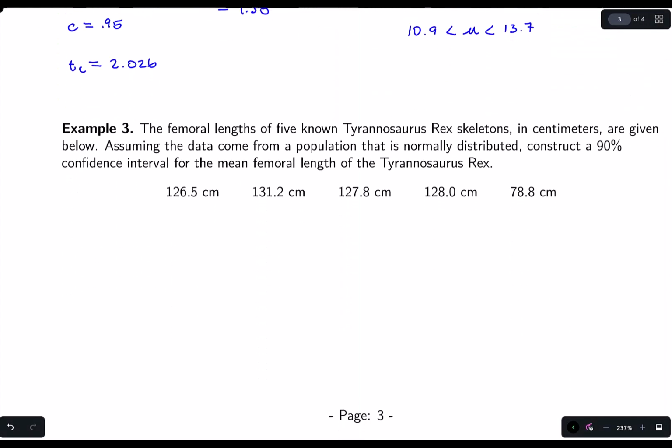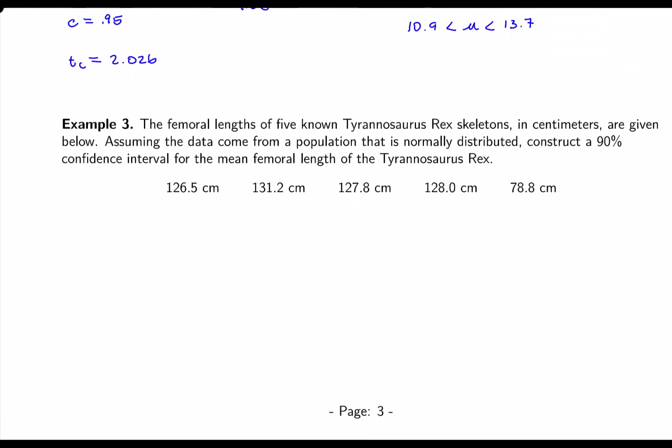Our last example here says that the femoral lengths of 5 known Tyrannosaurus rex skeletons in centimeters are given below. Assuming the data come from a population that is normally distributed, construct a 90% confidence interval for the mean femoral length of the Tyrannosaurus rex.